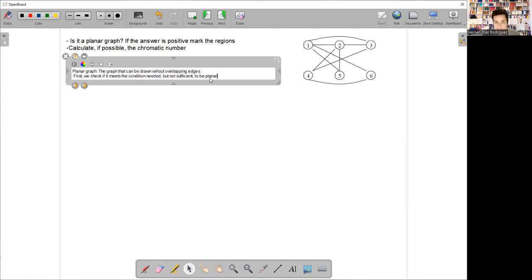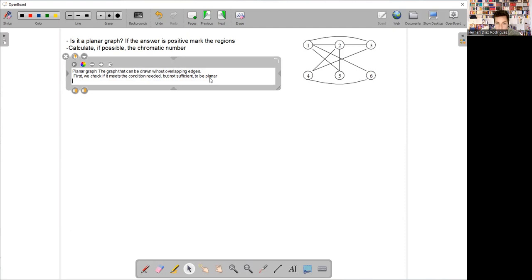This means that if this condition is met, it could be planar, but it is not enough, right? There could be other conditions. But what we are sure about is that if this condition is not met, it is not planar.